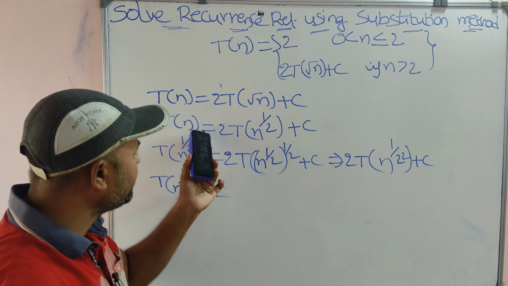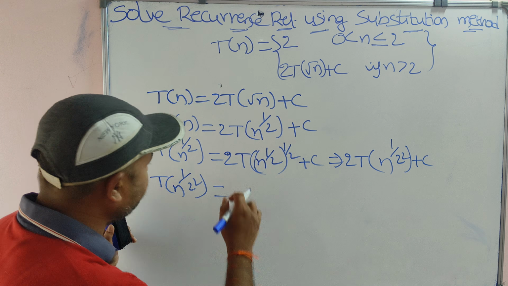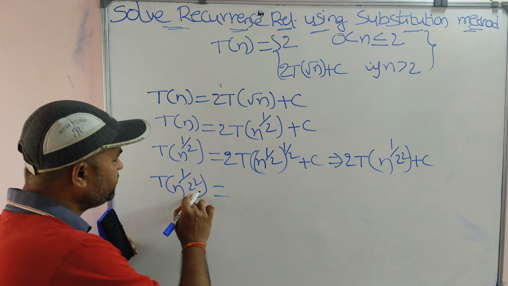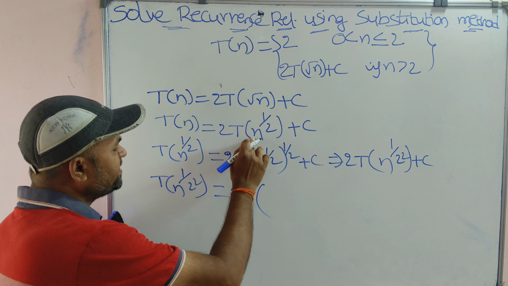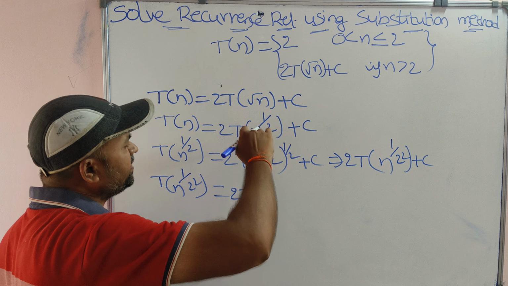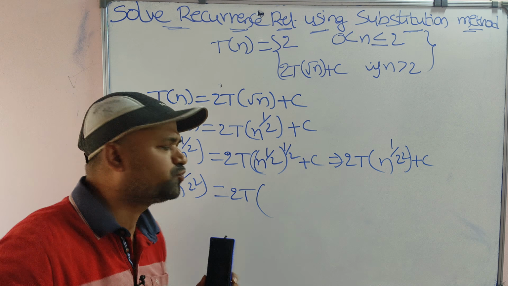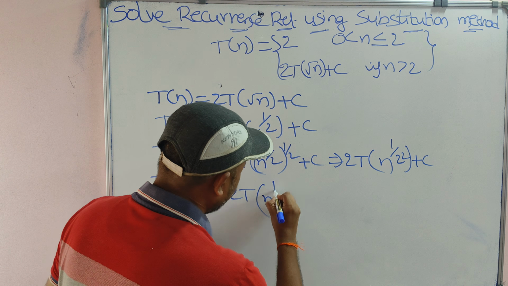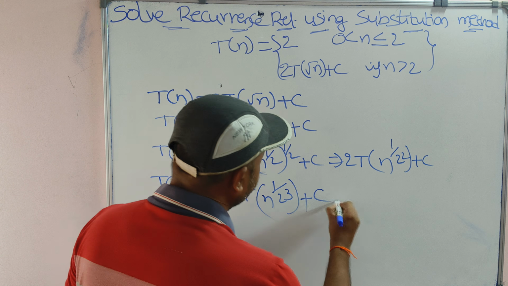Already we know what is T of n. So in order to get T of n power 1 by 2 square, in place of n substitute n power 1 by 2 square. So 2T of n power 1 by 2 square power 1 by 2 means 1 by 2 cube. So n power 1 by 2 cube plus additionally we have c.